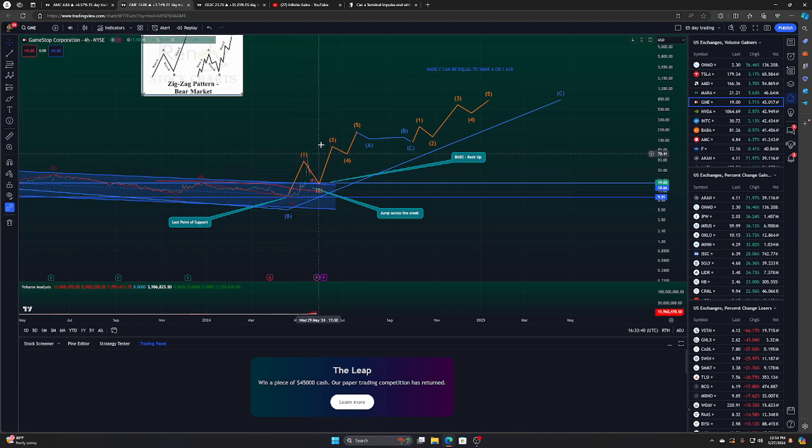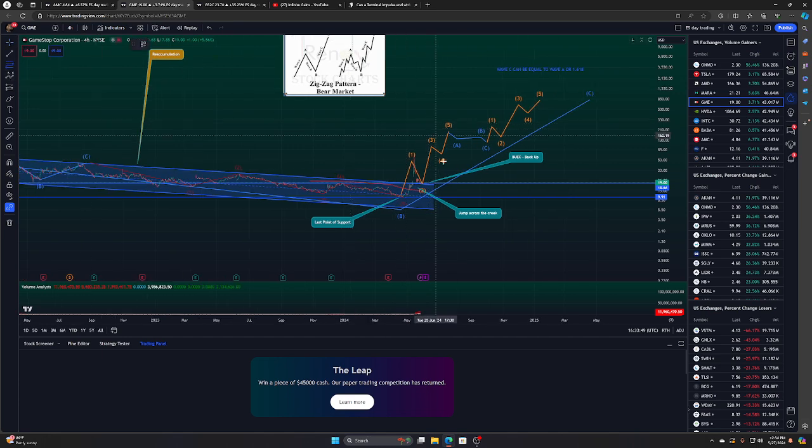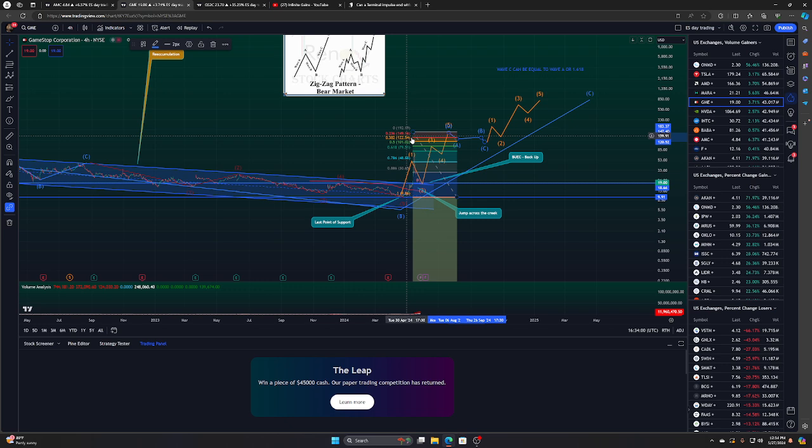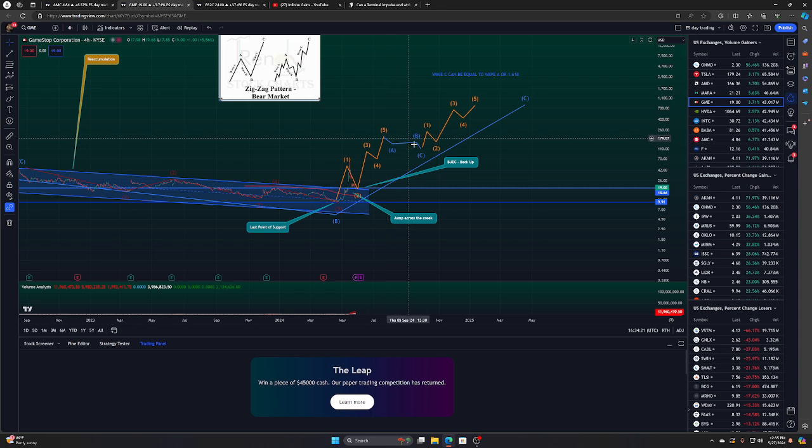So we'd see 1, 2, 3, 4, 5 to that 1.618 extension of this wave A, and then you'd see an ABC correction down to the 0.382 retrace level. So it'd be around here, to the 0.382 to the 0.5 retrace of this initial move, wave A up. So you have 1, 2, 3, 4, 5, A, B, C correction.